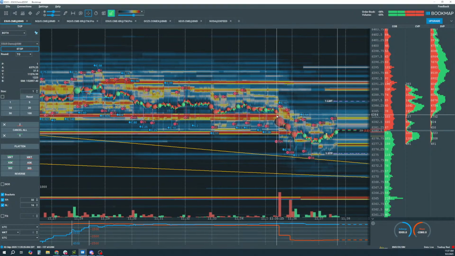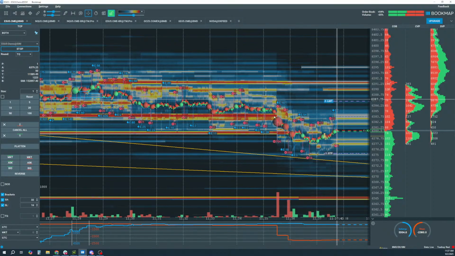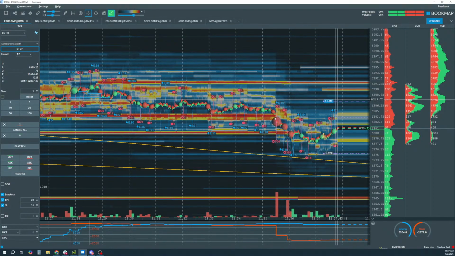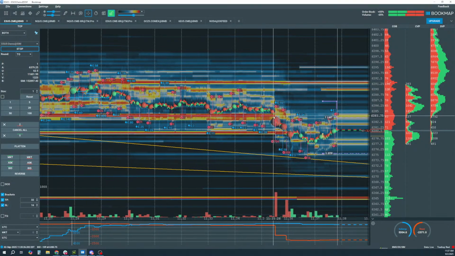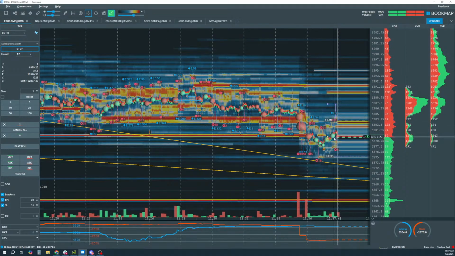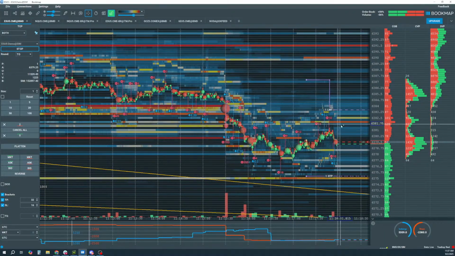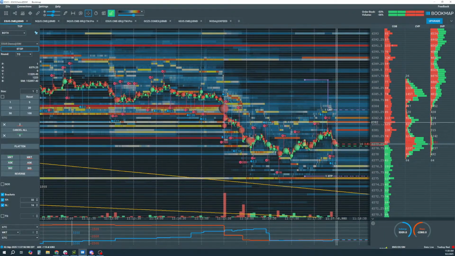But you can look for these things to unfold, and then maybe set your take profit where it dropped from in here. Or high liquidity here at 82.